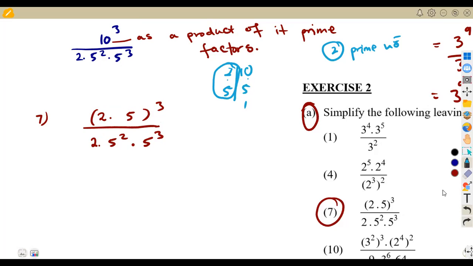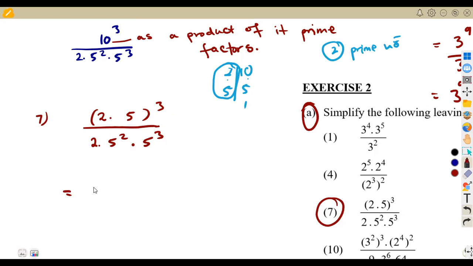They wrote it, but in most cases, they won't do that. That's why I'm explaining this. So you write this as a product of its prime factors. Once you write it as a product of its prime factors like this, 2 and 5, now let us apply our laws. Remember from our introduction, we said if a bracket is being raised to a certain exponent, it means all terms will be raised to the exponent that is outside.